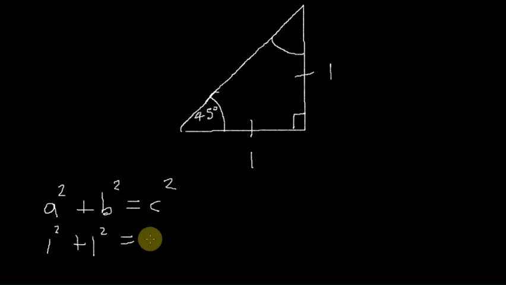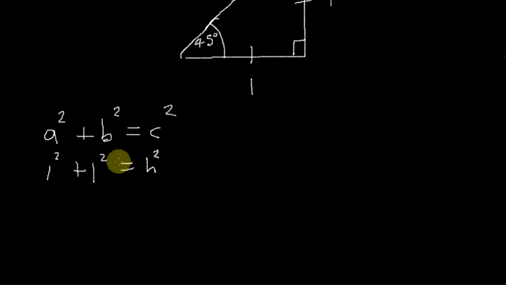Let's call it h for now. 1 squared plus 1 squared is 1 plus 1, which is 2. So we have 2, and the opposite of a square is the square root.